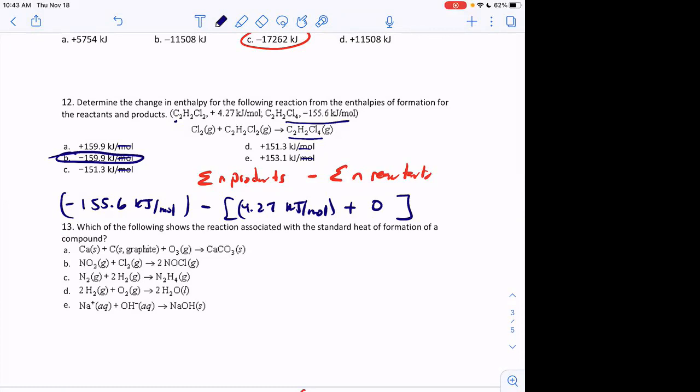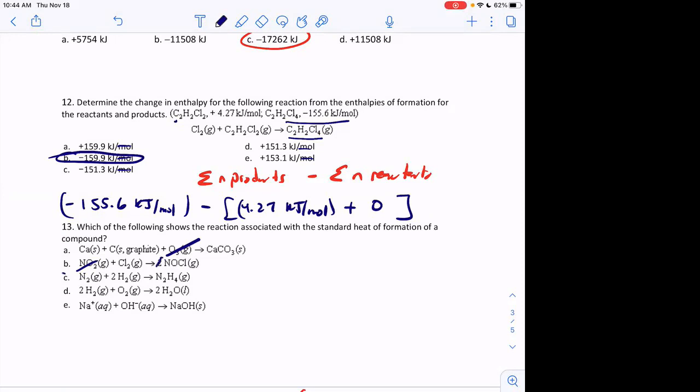Remember what you're looking for, your formation of 1 mole of substance from elemental constituents. Is ozone elemental oxygen? No. B is not forming 1 mole. Not only that, it doesn't even have elemental constituents. You can't have that, and you're not forming 1 mole. So that one is a no-no.